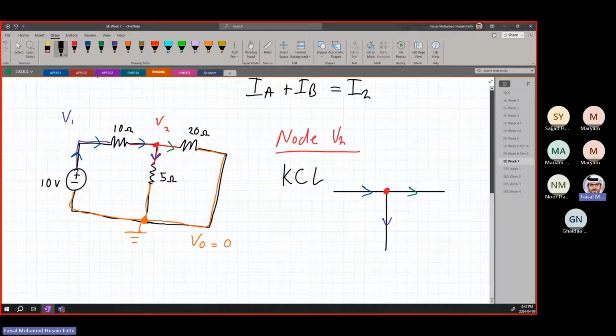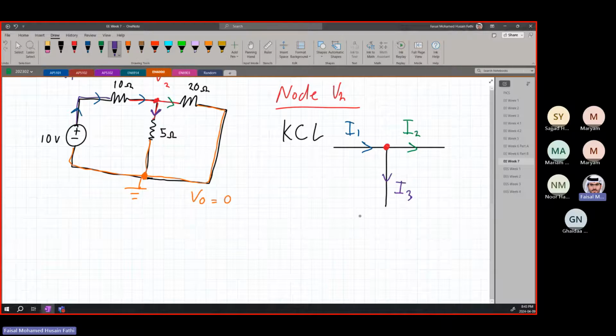For simplicity, call this I1, and this will be called I2, and this will be called I3. So we have three different currents. Now I1, I2, and I3. So what does Kirchhoff's law say? That I1 is the one entering. I1 has to be equal to I2.